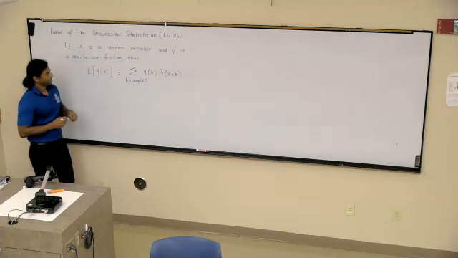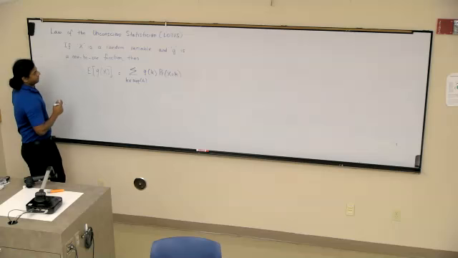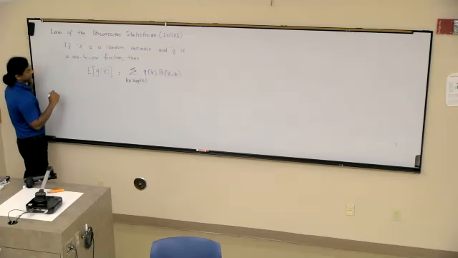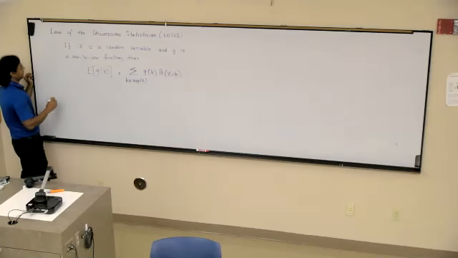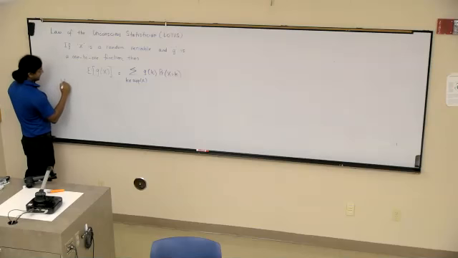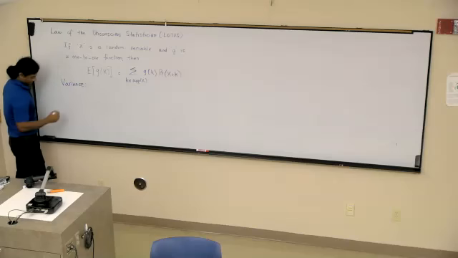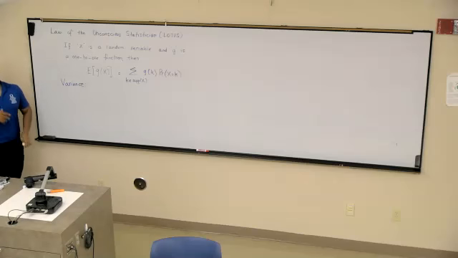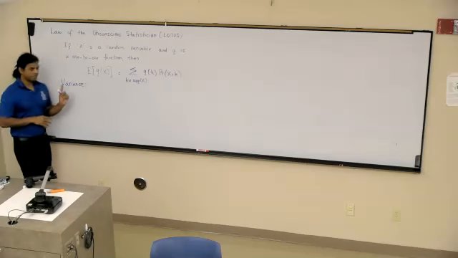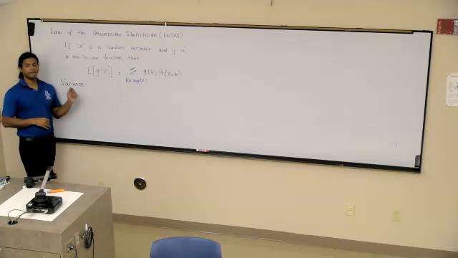So let's say you want to find the expectation of X squared. Now, why do we need the expectation of X squared? We need that to find the variance of a random variable.